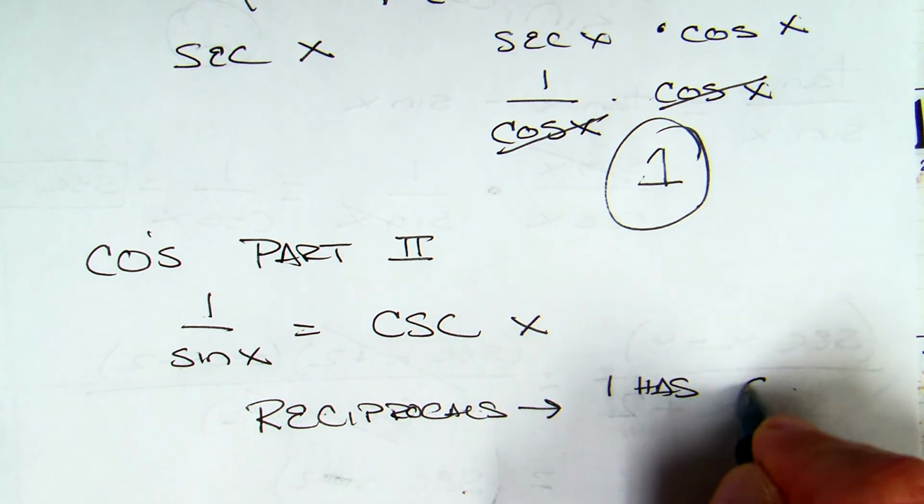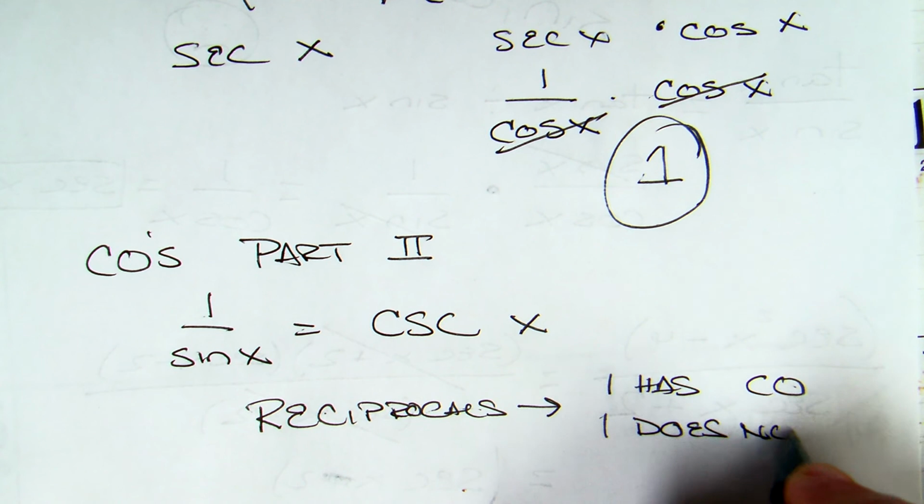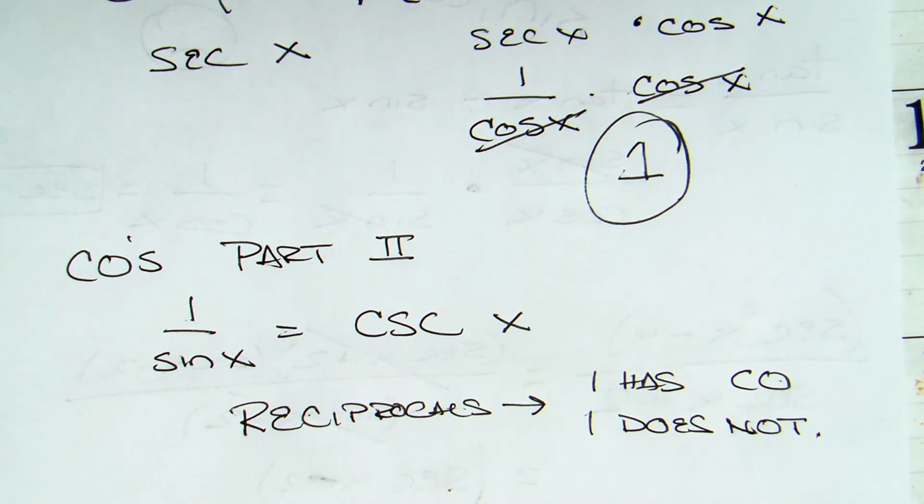So with your reciprocals, one always has the co, one does not. Much like sine squared plus cosine squared is 1. Hopefully it's pretty straightforward for you to know that tangent and cotangent are reciprocal to each other. These are the exact same thing with the co.